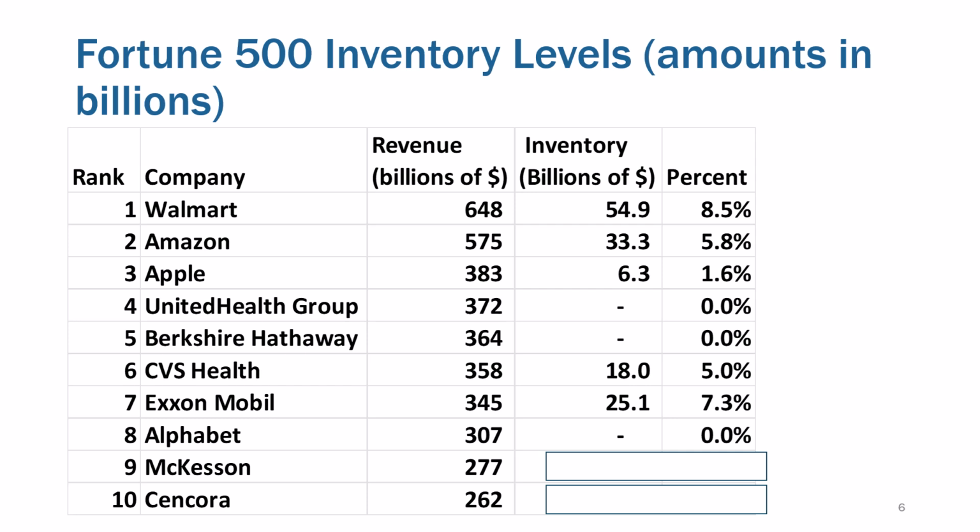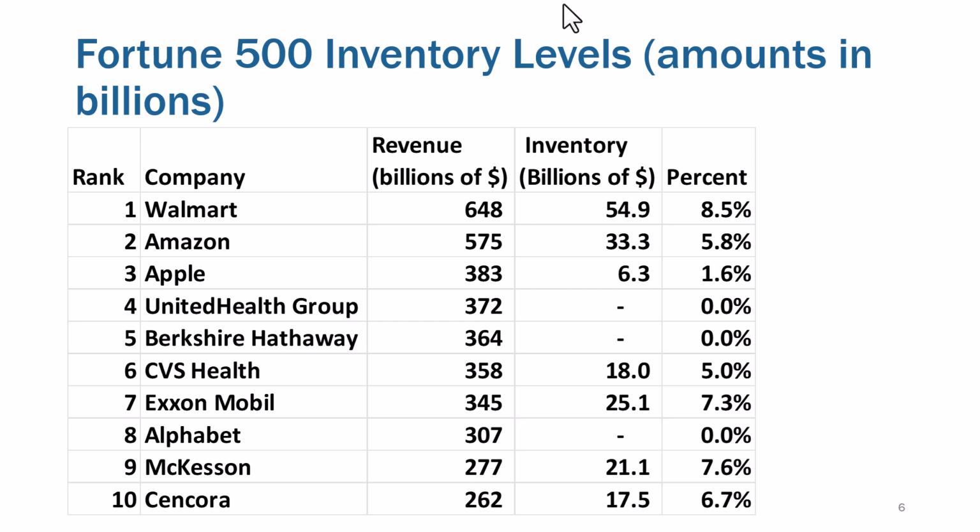Google, service-based organization, does not have any inventory. McKesson in healthcare, $21 billion of inventory, 7.6% of its revenues. And then Cencora, also in healthcare, $17 billion worth of inventory, close to 7% of its revenues.